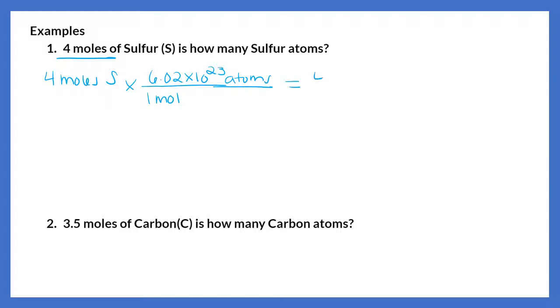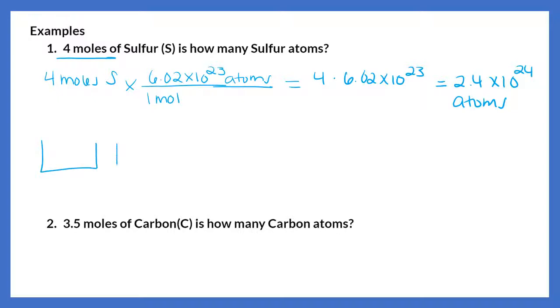So now I take my 4 times my 6.02 times 10 to the 23rd, which tells me that I have, I have to do this out. Okay. 6.02 times 10 to the 23rd times 4. I have 2.4 times 10 to the 24th atoms.